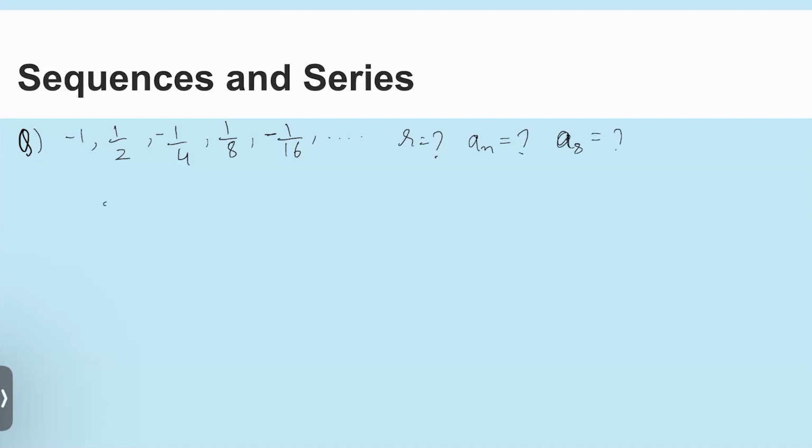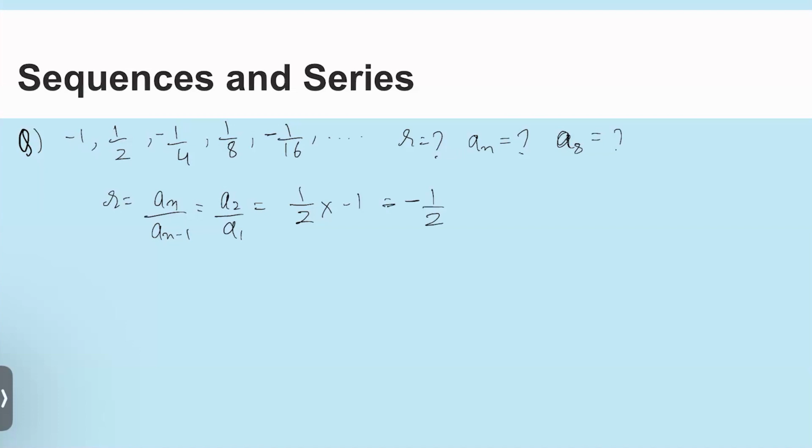So let's find r. R, as you know, is an upon an minus 1, so say a2 upon a1. What we get is half multiplied by minus 1, so this is minus half.